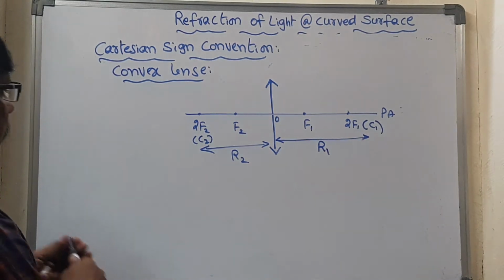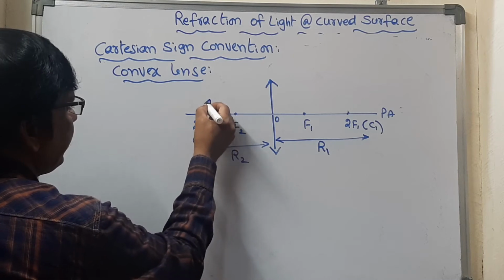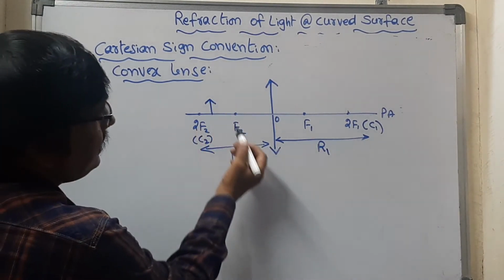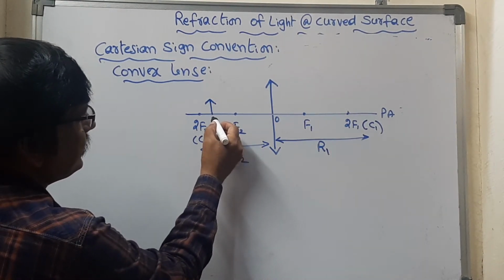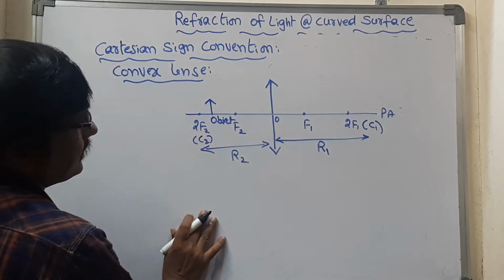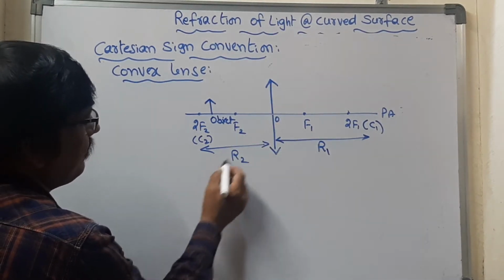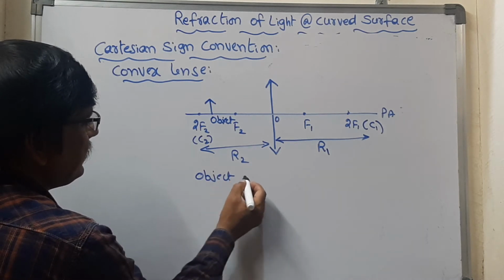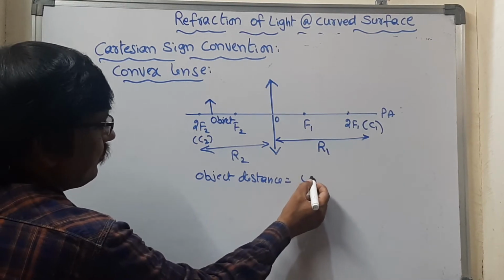Now let us go for the object distance and image distance. First of all, let us assume that the object has been placed here. This is the object, and the distance between the object and the optic center is the object distance, represented with the letter u.